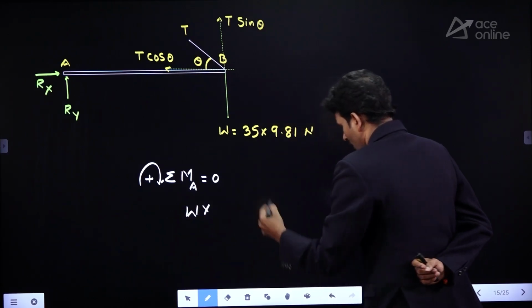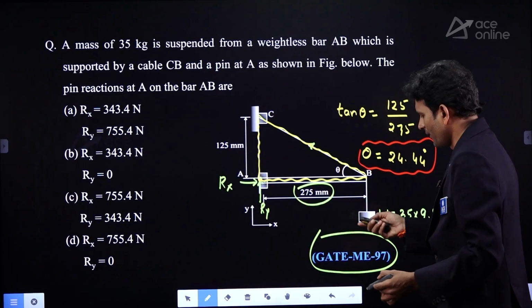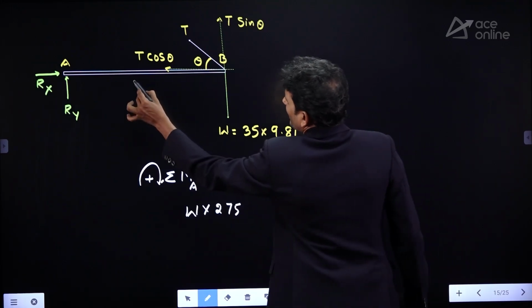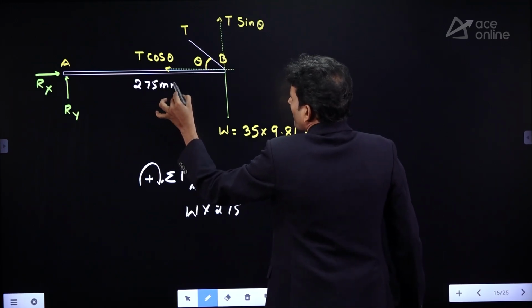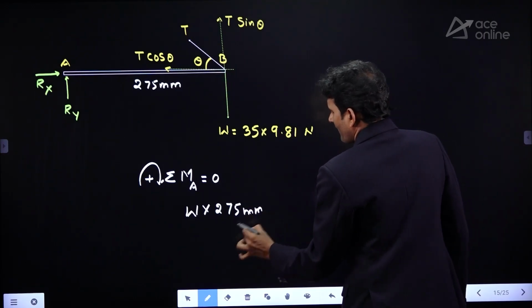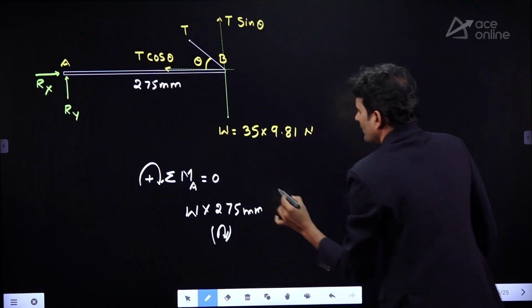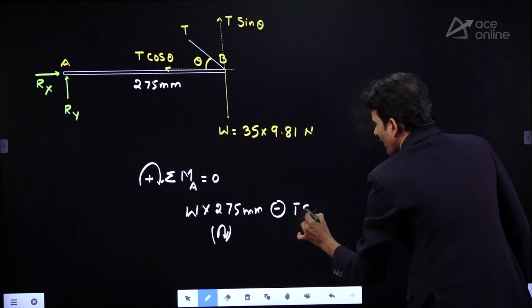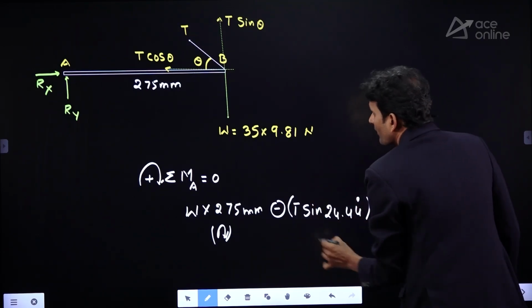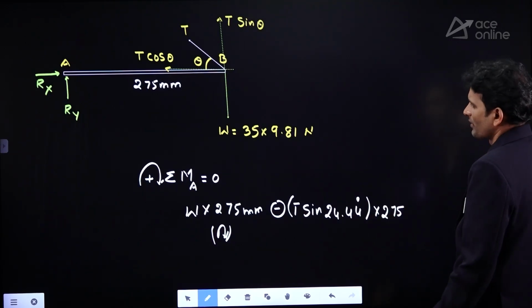W at a distance of 275 mm. W times 275 mm, clockwise, minus T sine 24.44 degrees into at a distance of 275, my dear friends, 275.